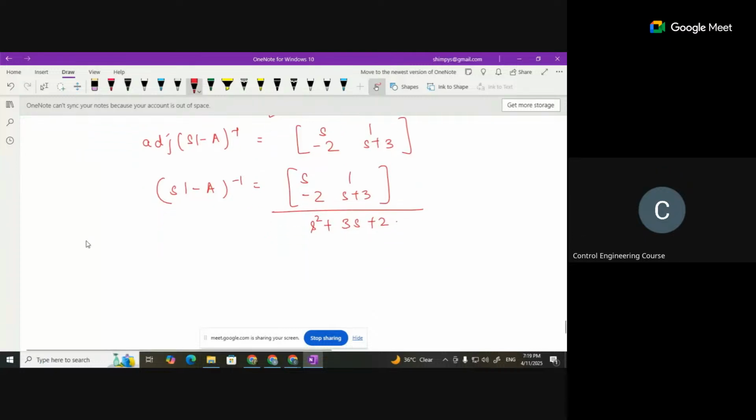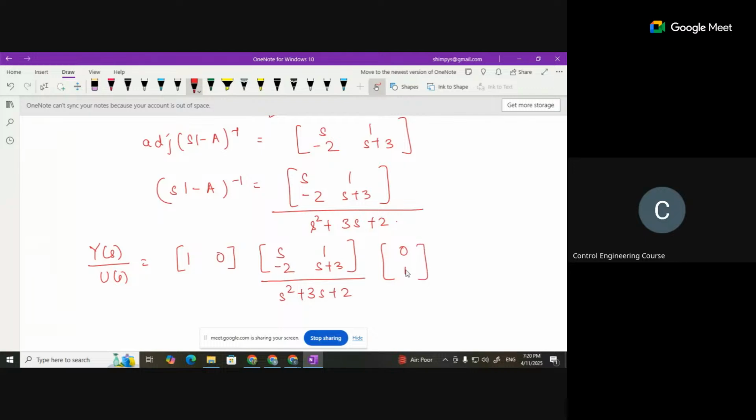So now the transfer function can be written as matrix C, that is 1, 0, multiplied by (sI - A) inverse, that is [s, 1; -2, s plus 3], divided by s square plus 3s plus 2, multiplied by 0, 1.